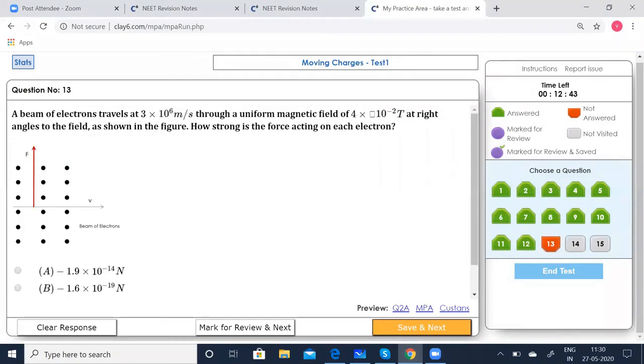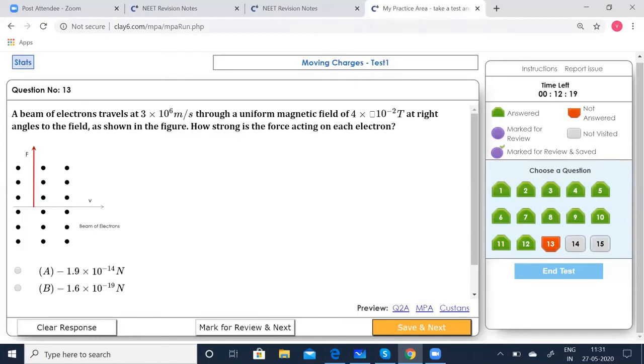Save that. Going to the 13th one. A beam of electrons travel at 3 into 10 to the power of 6 meters per second through a uniform magnetic field of 4 into 10 to the power of minus 2 Tesla at right angles to the field as shown in the figure. How strong is the force acting on each electron?